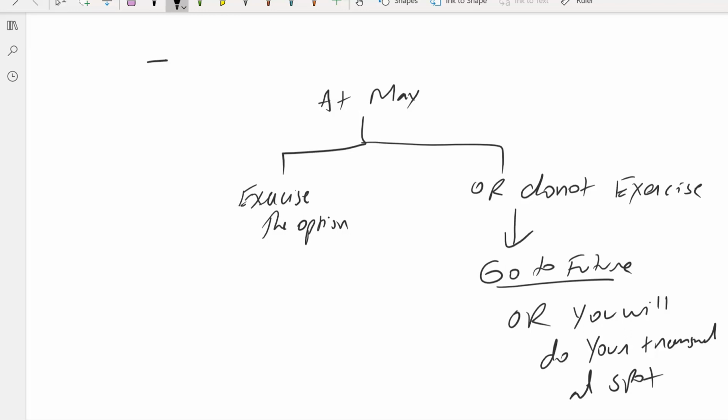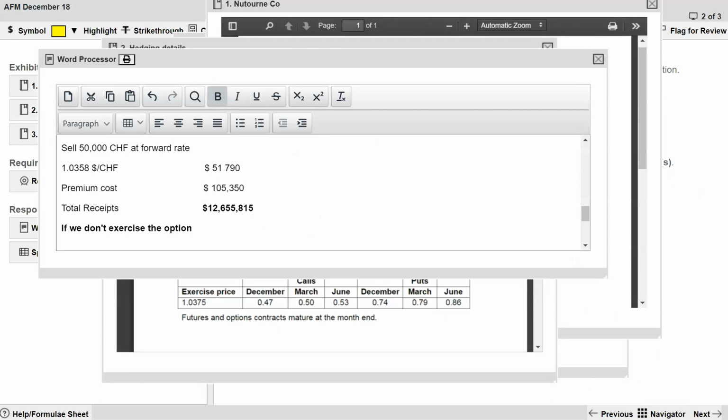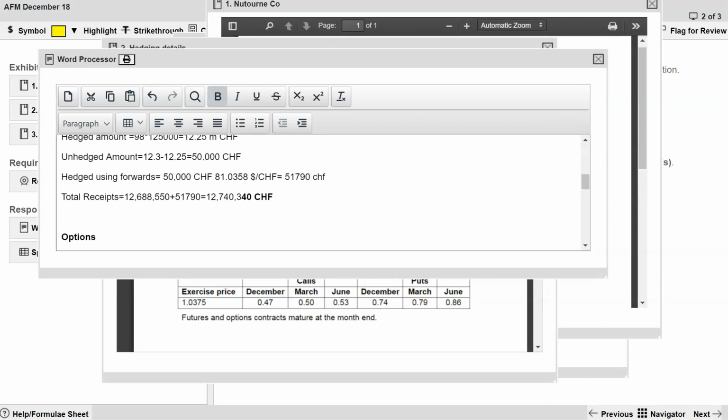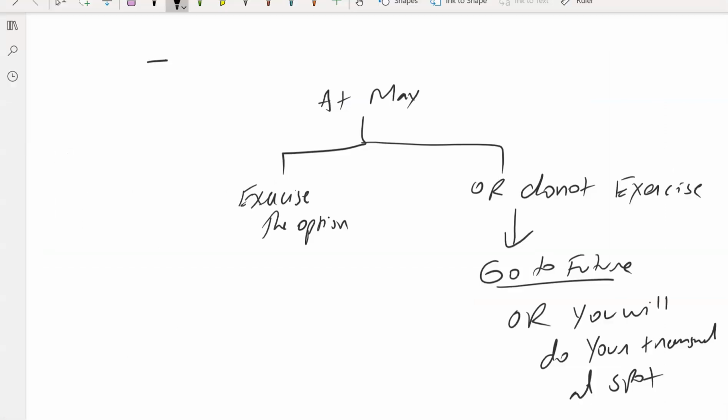So you will go to the future contracts. So guys, if you select the future contract, that means you will receive how much amount? 12,740,340. If I skip this forward receipt, because forward receipts in both cases are same, you will receive 12,688,550.